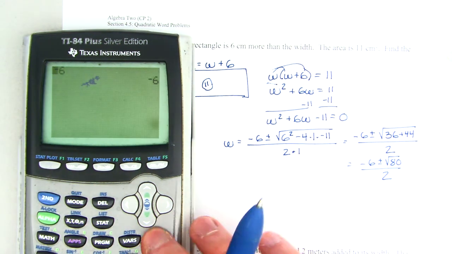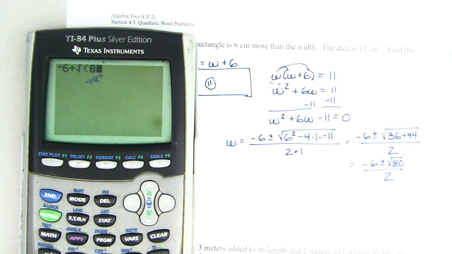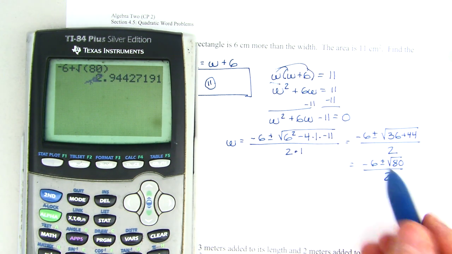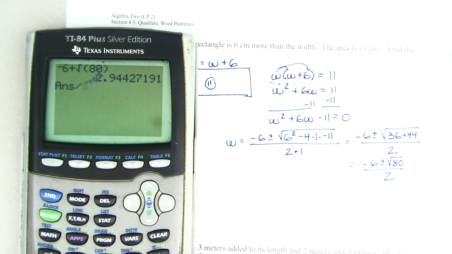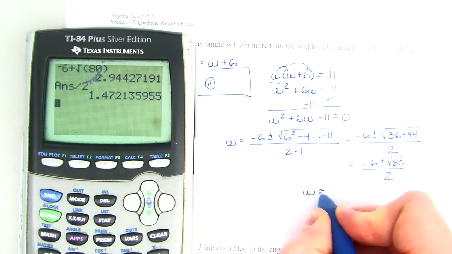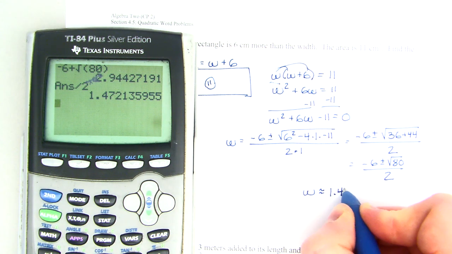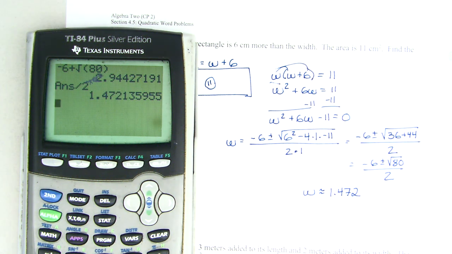I'm going to push enter. I now have my answer for the numerator. And now I'm going to divide that answer by 2. And I'm going to get about 1.472. I'll give you rounding directions on the test, but I'll probably say something like round to the nearest thousandth.